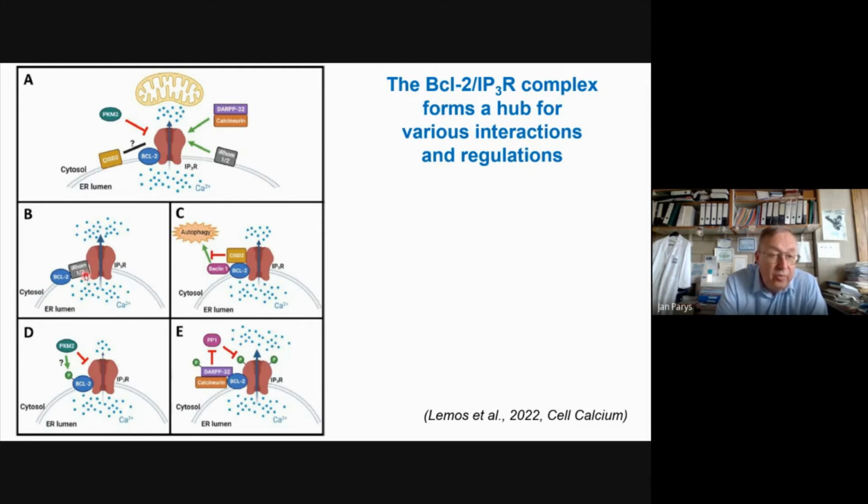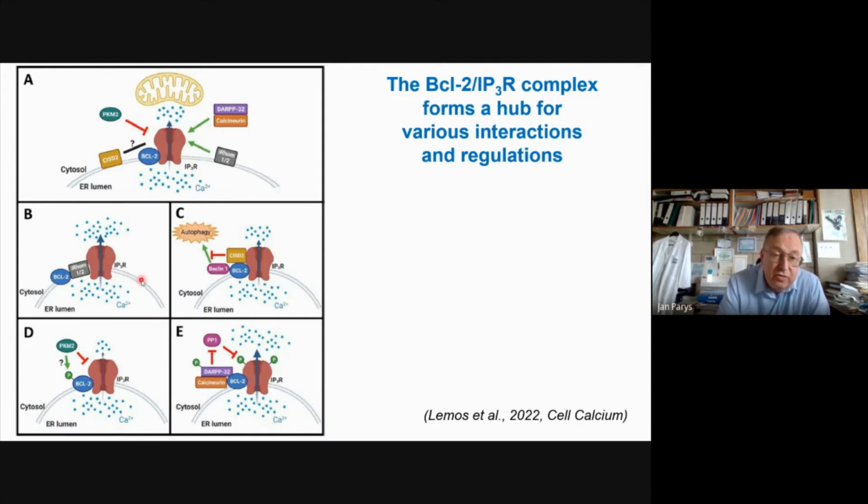It's the IRBIT1 and IRBIT2 pseudoproteases, and that has been shown in a very nice paper from the group of Matthew Freeman in Oxford and Colin Taylor in Cambridge about 2 months ago, showing that when this protein is present, BCL2 is losing its inhibitory effect on the IP3 receptor.